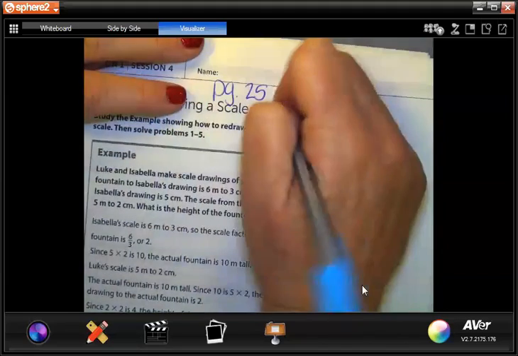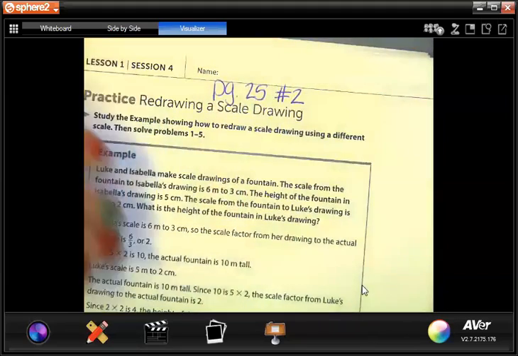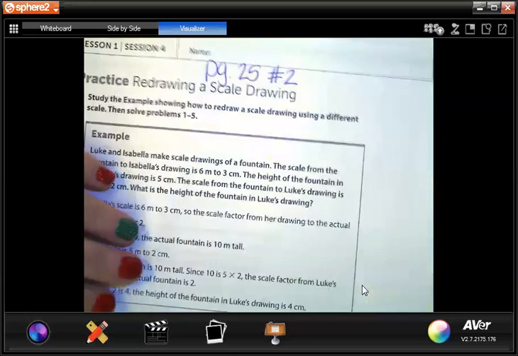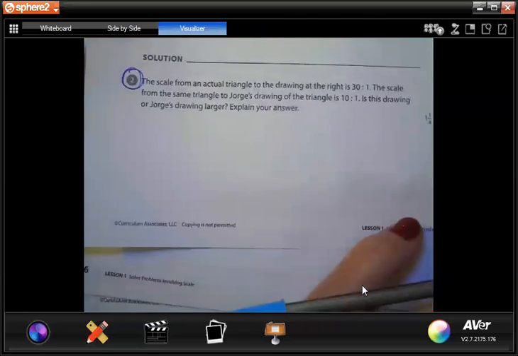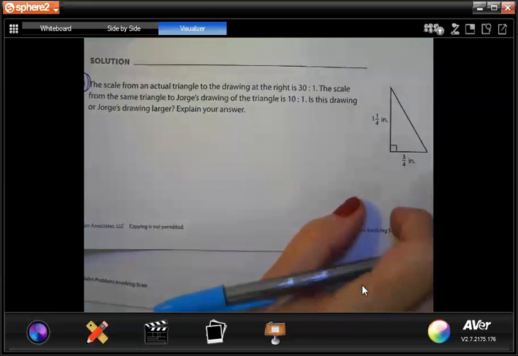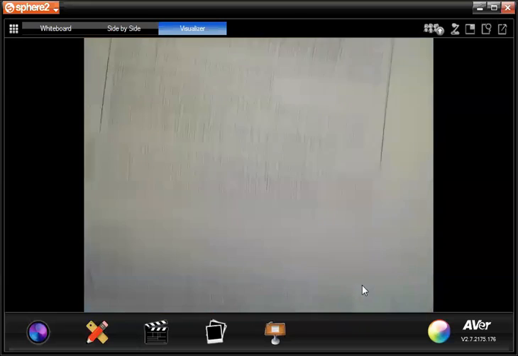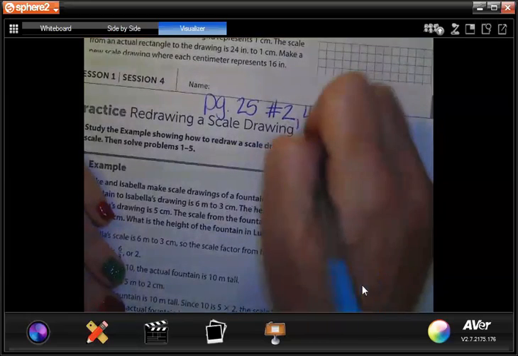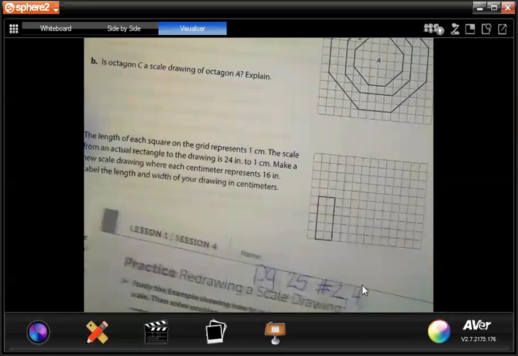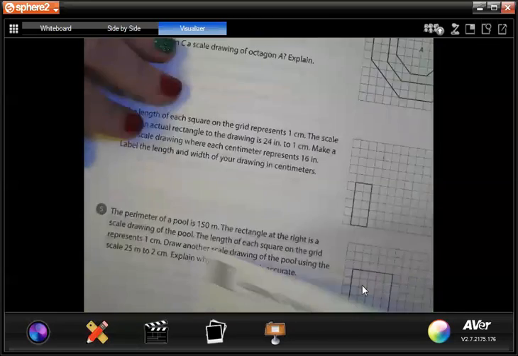Now this has fractions in it, so use a calculator or go back to how we learned how to multiply fractions. You're going to do number 4, which is basically what we have been doing. And then you're going to do number 5.